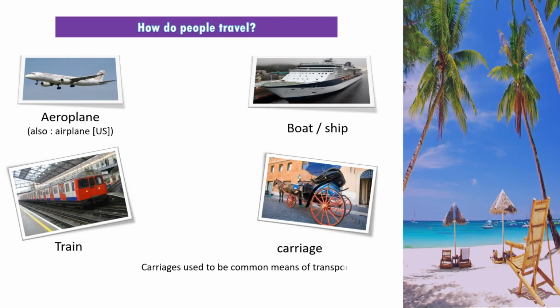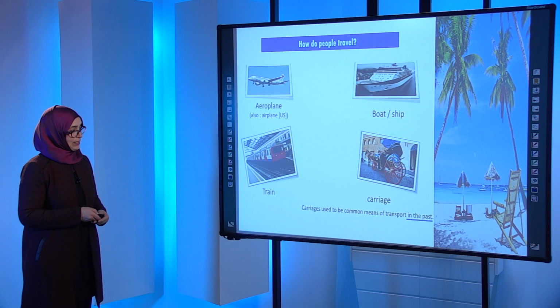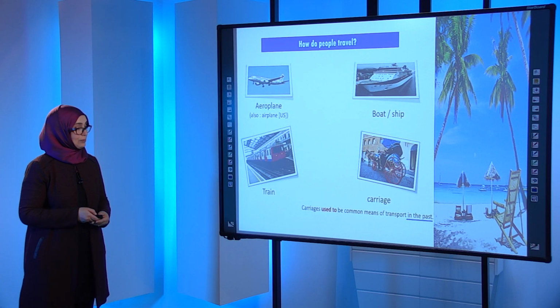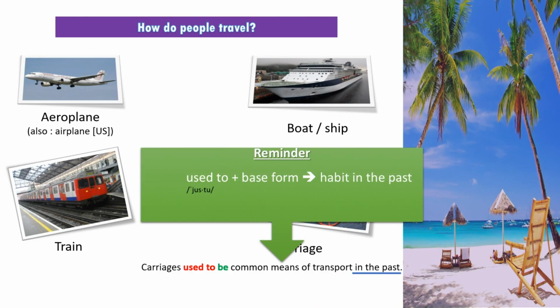Yes, carriages used to be common means of transport in the past. Now remark here we have used to be. Used to plus base form, so you see the verb be is in the base form, is used to express habit in the past. The negative form is didn't used to plus base form, of course.